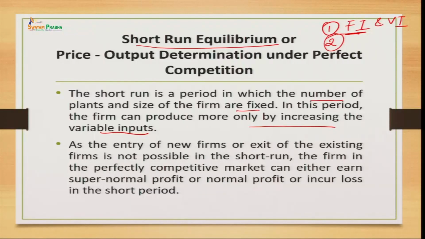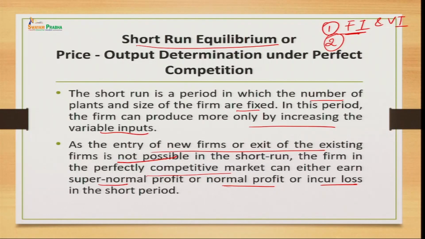As the entry of a new firm or exit of an existing firm is not possible in the short run, the firms in the perfectly competitive market can either earn supernormal profit, normal profit, or they might incur a loss. So, the players working under a perfectly competitive market in the short run cannot go out of this market or enter into it because of the short time period.